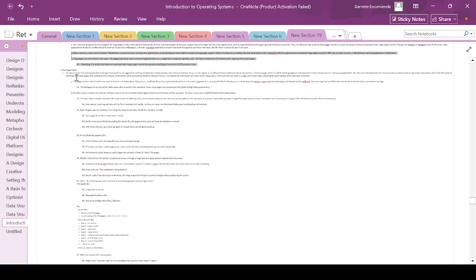So the page cache: to reduce the cost of accessing persistent storage, most systems, because of that, large pages have this cost with I/O, and it's just too costly to access the disk instead of memory. Most systems use an aggressive caching subsystem to keep popular data items in memory. Again, we discussed memory as a cache in a previous video.